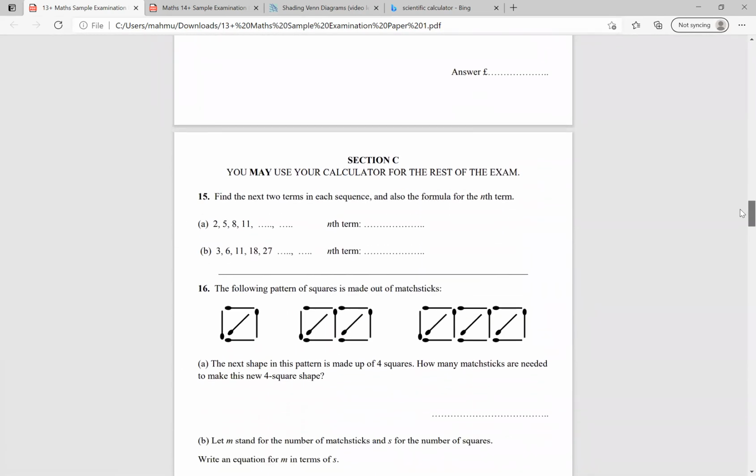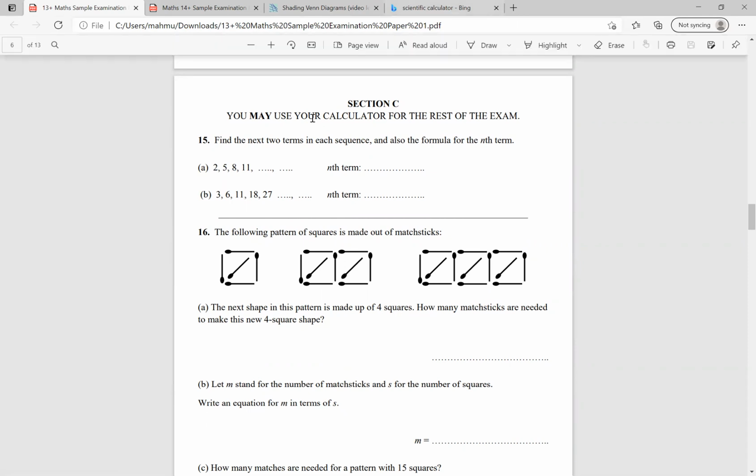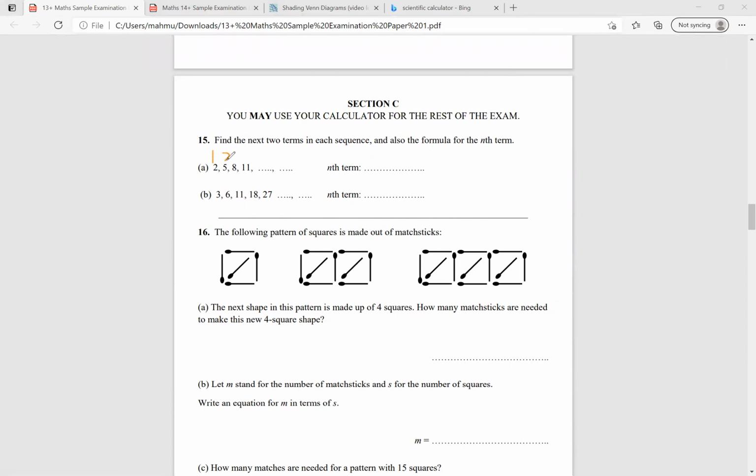Okay, this one, you could use a calculator here. So we've done that before. How do you go from 1 to 5? So what we will have to do is put 1 at the top. So from 1, how do I go to 2? From 2, how do I go to 5?